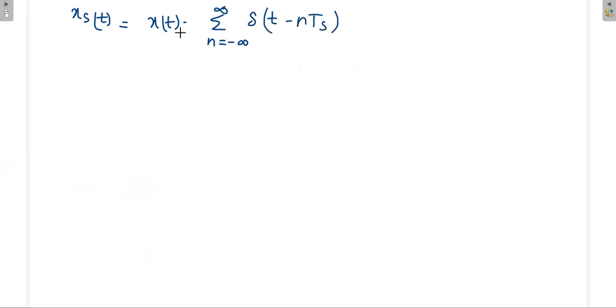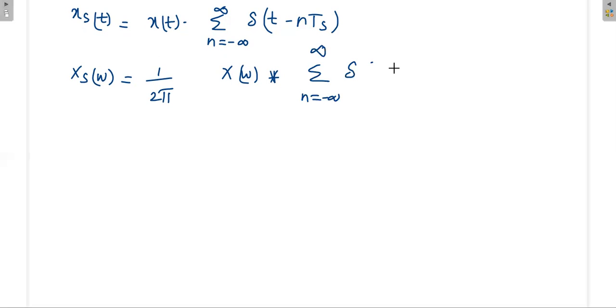These two signals are multiplied in time domain, which means in frequency domain it will be a convolution. So we take the Fourier transform as 1 by 2 pi, X of omega convolved with the Fourier transform of summation n from minus infinity to plus infinity of delta of t minus nTs.